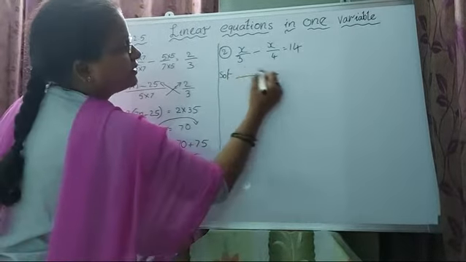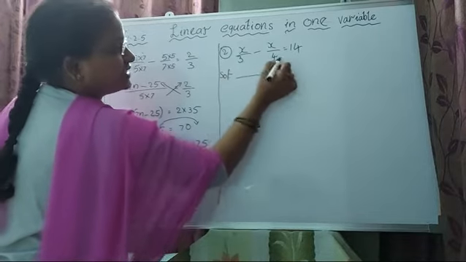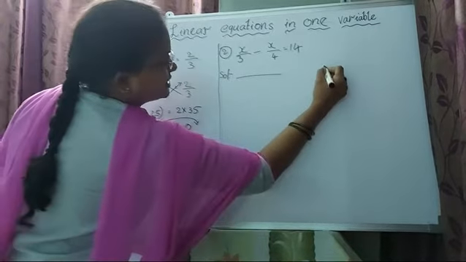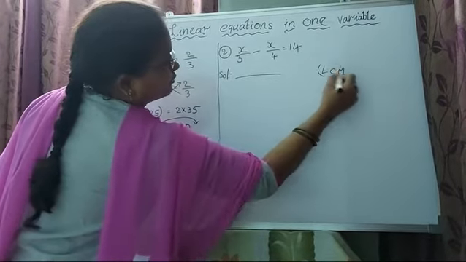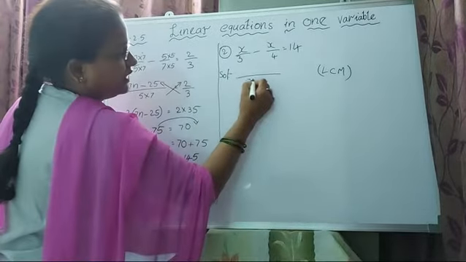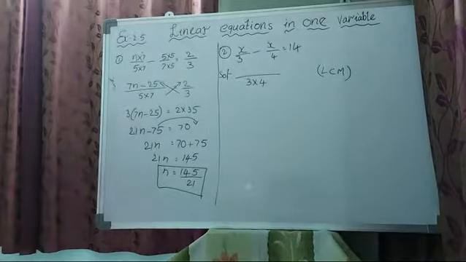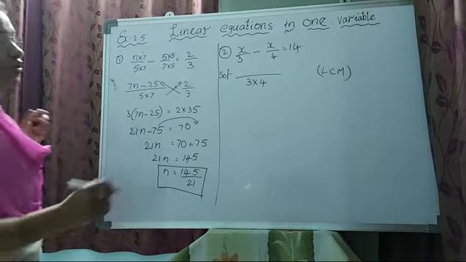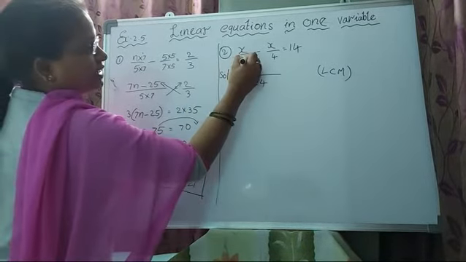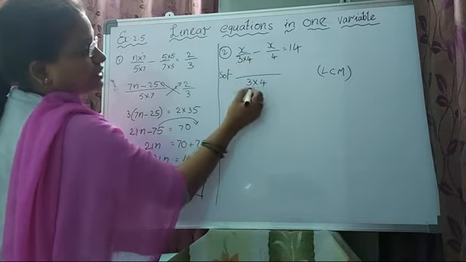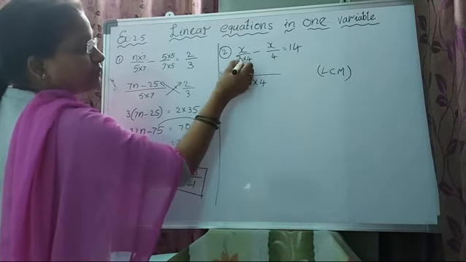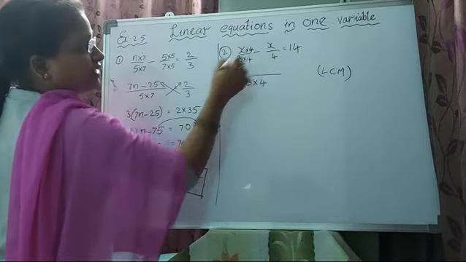Solution. See, if you find the LCM for 3 and 4, LCM for 3 and 4 is 3 into 4 only, because they are prime numbers. So here 3 is there. Multiply with 4, 3 fours are 12. If you multiply the denominator, you have to multiply the numerator also.